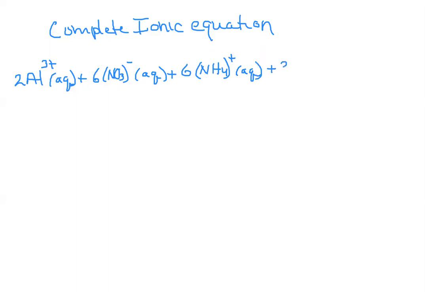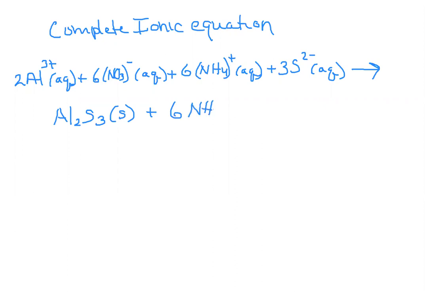Plus we have 3 sulfurs, which had a -2 charge, and that was aqueous. And that yielded the solid. We're going to keep together because the solid doesn't divide out in the solution. And then the last one, 6NH4 with a +1 charge, and 6NO3 with a -1 charge.